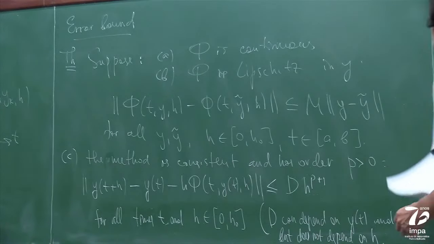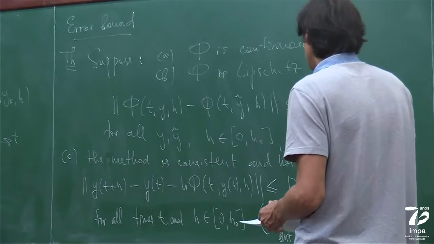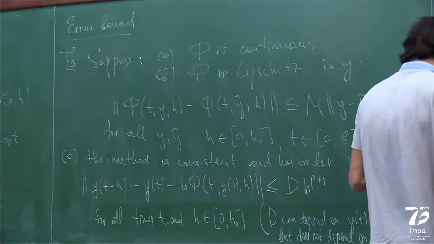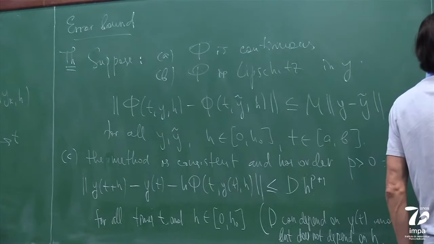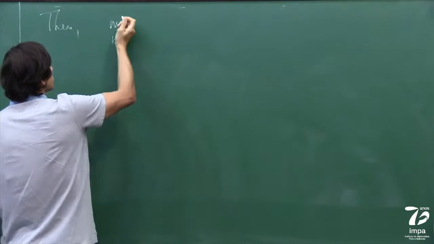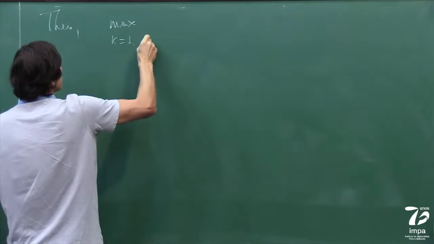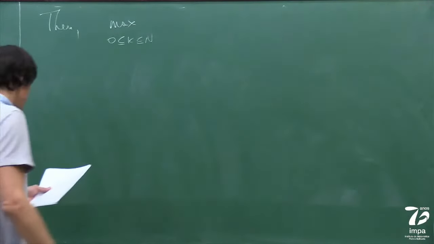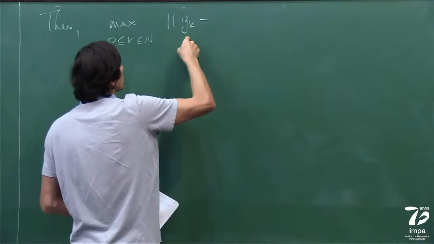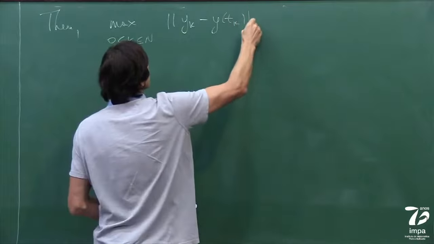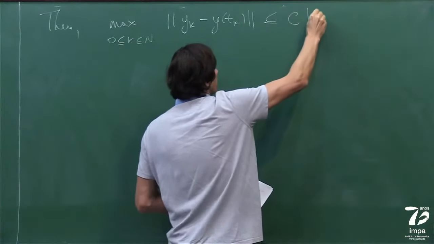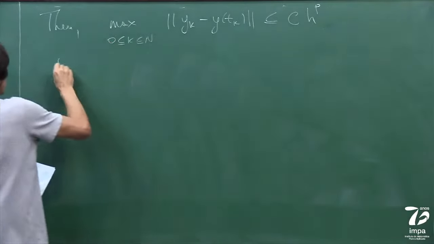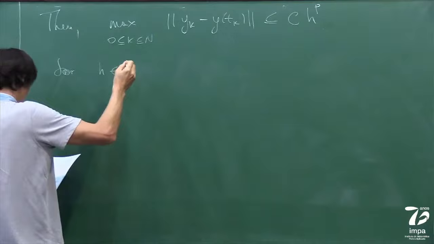Okay, so under these three conditions, where the first is just regularity, and the last is that the method has a certain order of accuracy, the maximum error, the difference between the computed and exact values, is bounded by a constant times h^p, for any h.